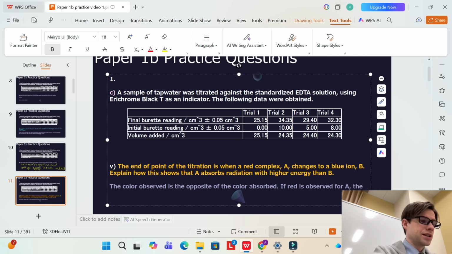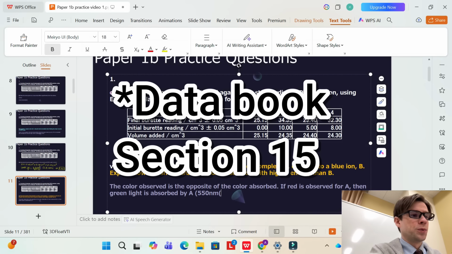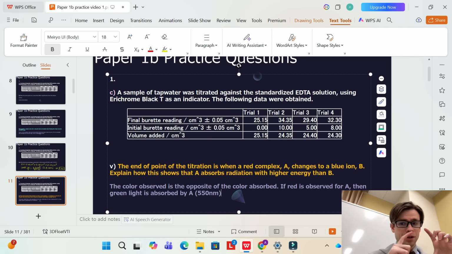then green light is absorbed by A. And that is about 550 nanometers. You can see this from the data book. There is a color wheel in there. So the wheel has sections with different colors in it. Whatever is on the opposite side of one color on the wheel is its opposite color.